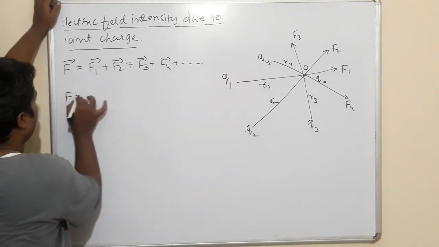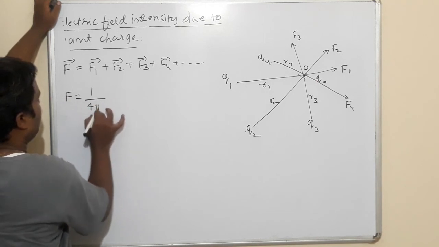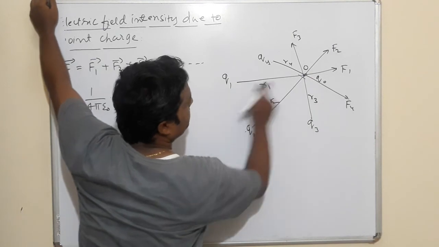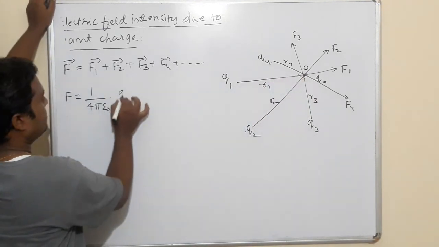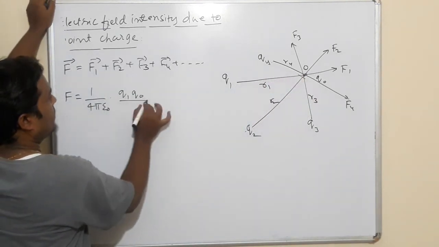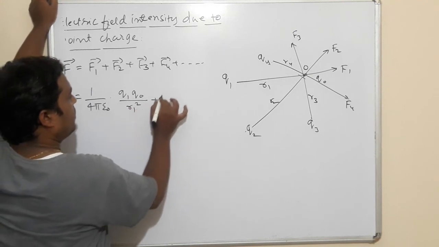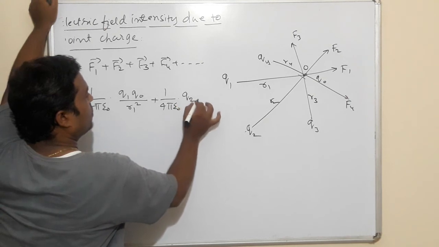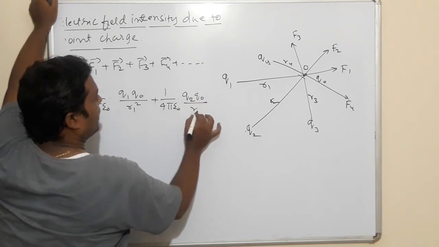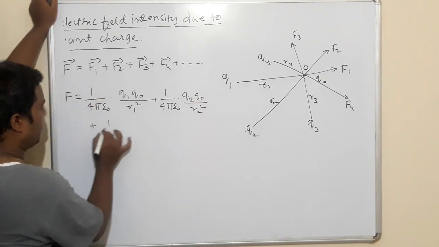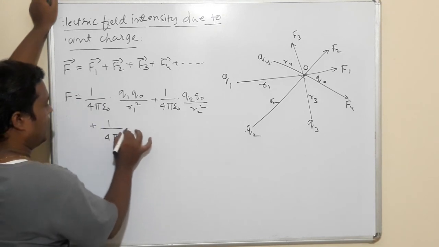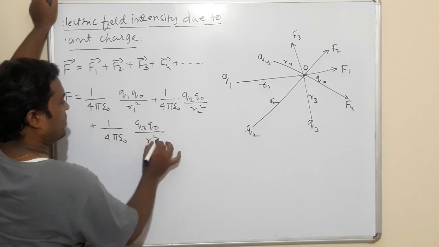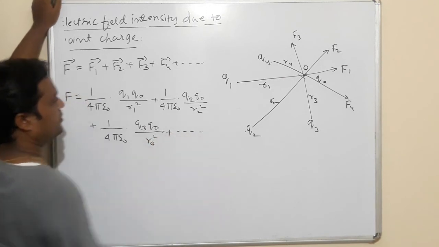Then F will be equal to 1 by 4 pi epsilon naught Q1 Q0 by R1 square, plus 1 by 4 pi epsilon naught Q2 Q0 by R2 square, plus 1 by 4 pi epsilon naught. Like this we can write Q3 Q0 by R3 square and so on.